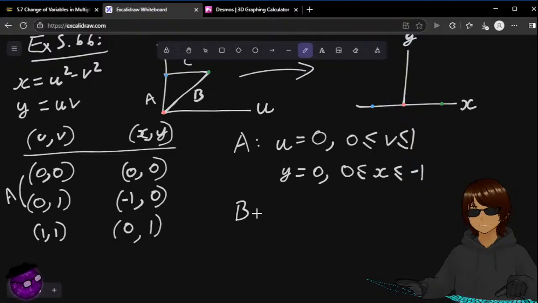Okay. Side B. Actually, there's two side C. B is equal to this.